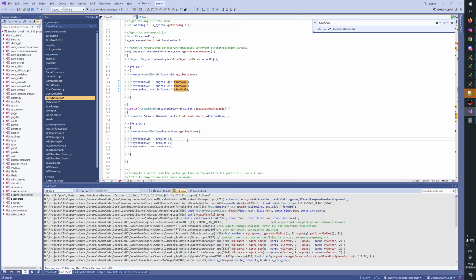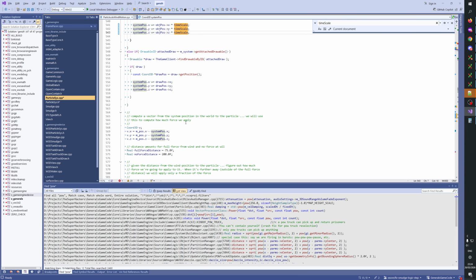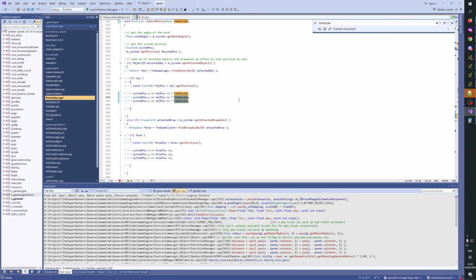This is the post drop. Okay, hold on. Be offset by that position as well. Okay, I'm actually not sure that this is correct here.